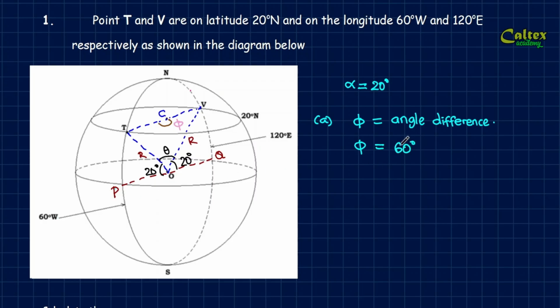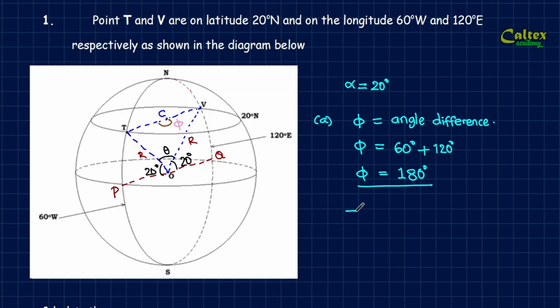We just ignore this west and east, simply pick the values and add them together. So that is 120 degrees added to 60 degrees, and we simply get 180 degrees.